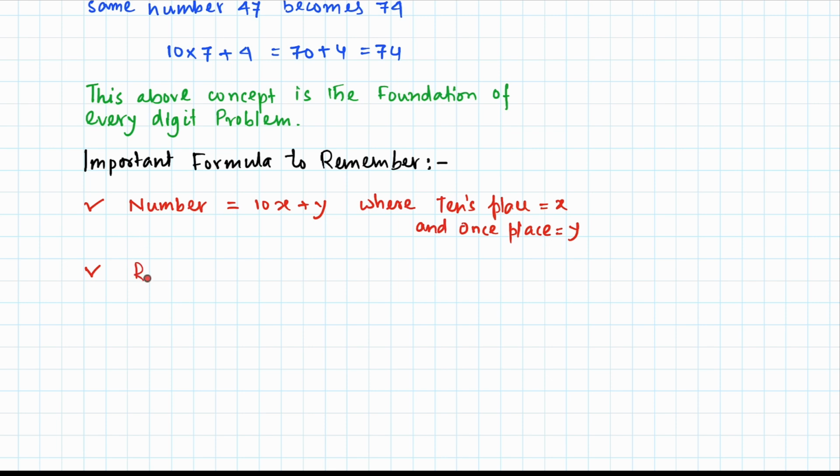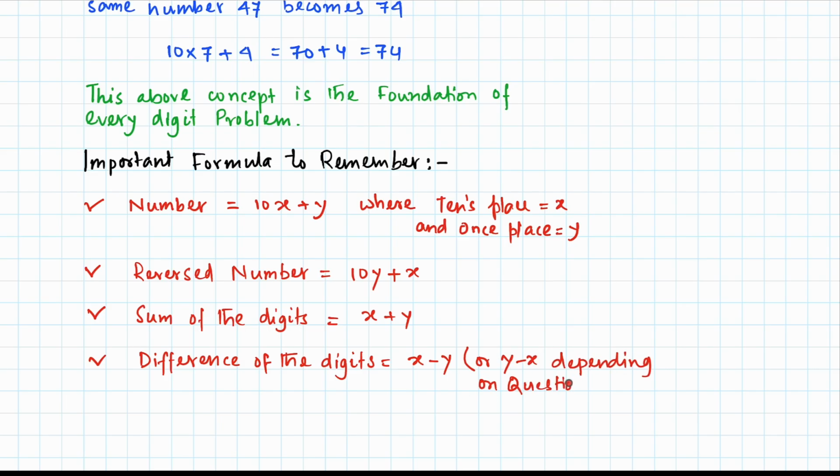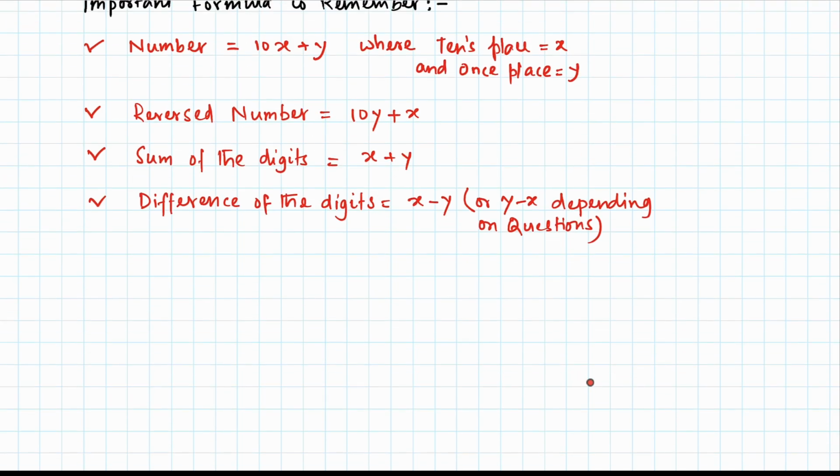The reverse number will be 10y plus x, because we have interchanged the positions of the tens and ones digits. The sum of the digits is x plus y, and the difference of the digits is x minus y or y minus x, depending on how it has been given in the problem.